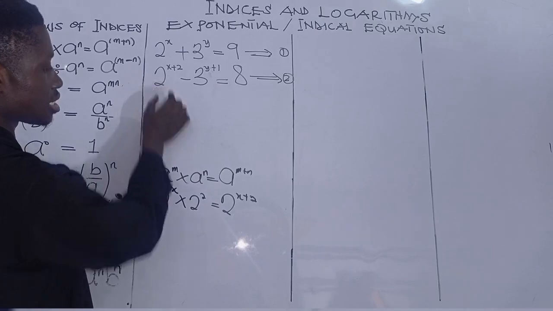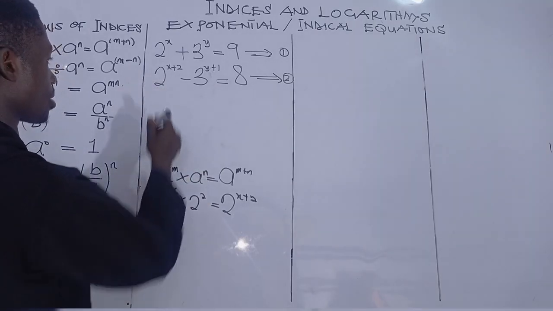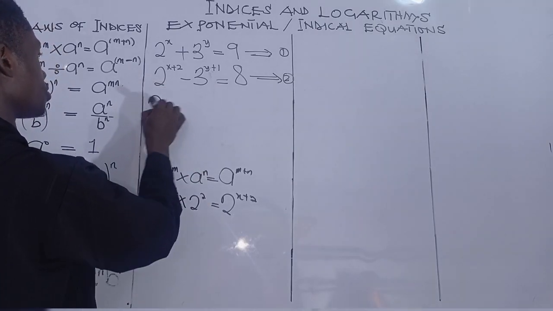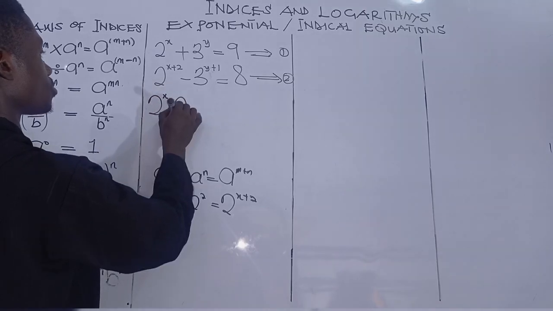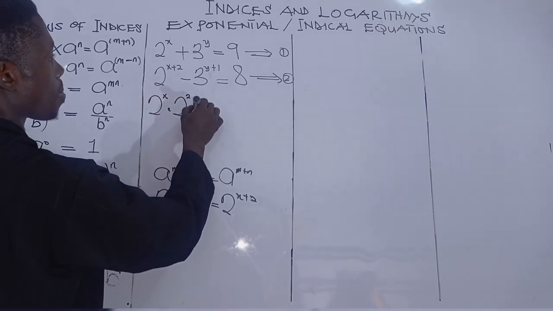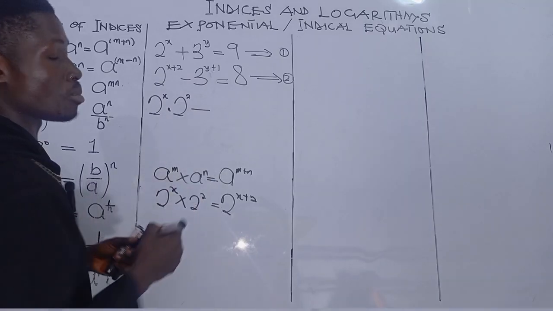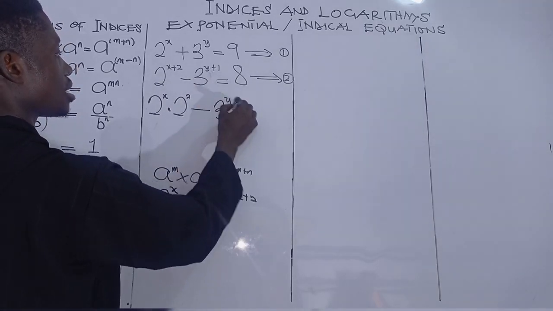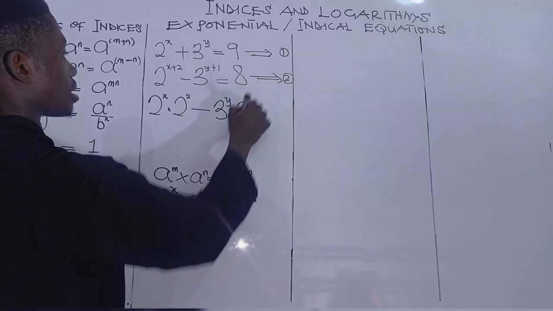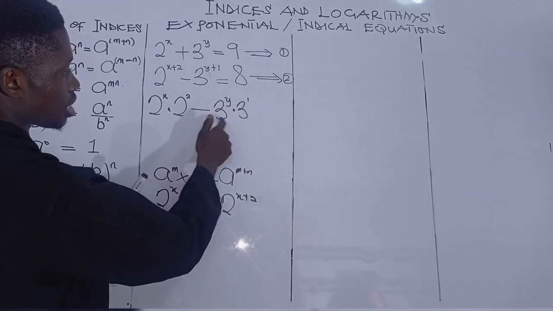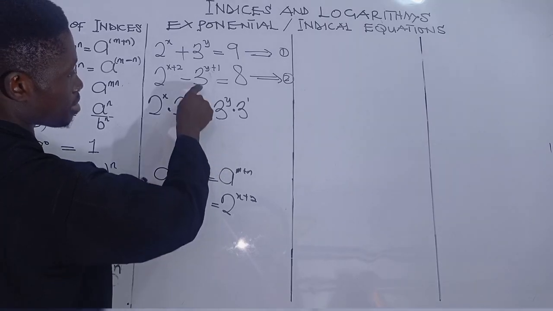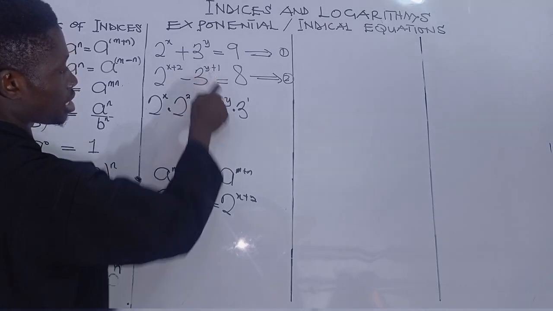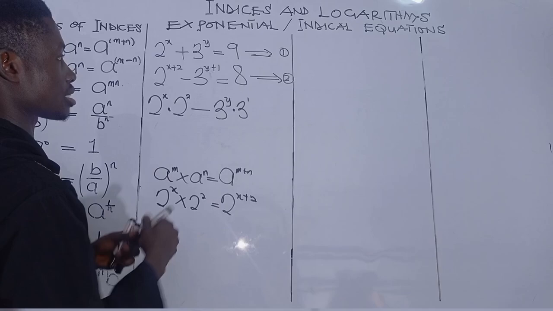So in place of this, we can write what? That. So we have 2 raised to the power x multiplying 2 raised to the power 2. And then with this, we can apply the multiplication law as well and write it as 2 raised to the power y multiplying 3 raised to the power 1. When two numbers are multiplying, they have the same base. We pick one of the bases, we add their exponents. So this is the same as that.